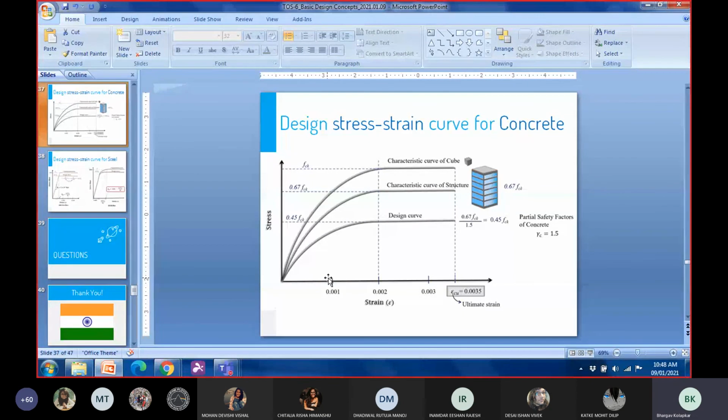When we are testing a cylinder and a cube, we are just looking at individual elements. The characteristic strength for the cube is a different thing. The characteristic strength for the cylinder is a different thing. When we compare these two, we are basically just comparing single elements of different shapes. So it has got nothing to do with characteristic strength when we are comparing these two.